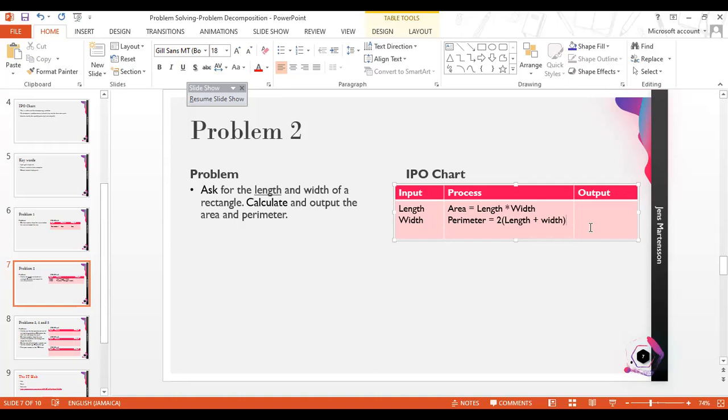And that gives us our formula. Alternatively, you could have put in 2 times length plus 2 times width, or length plus width plus width. Those two would have also worked as well. Our output, as we stated earlier, based on the statement, is going to be both our area and our perimeter. And so we type those in.